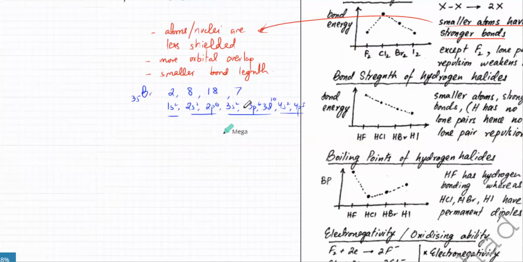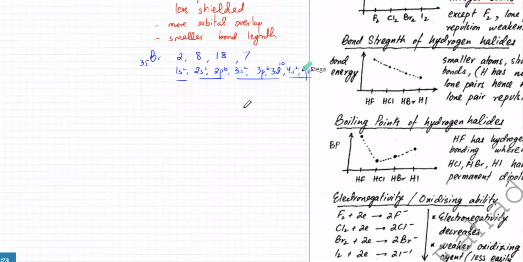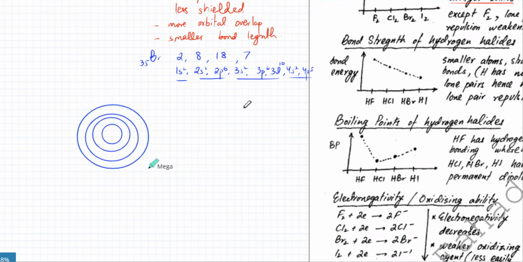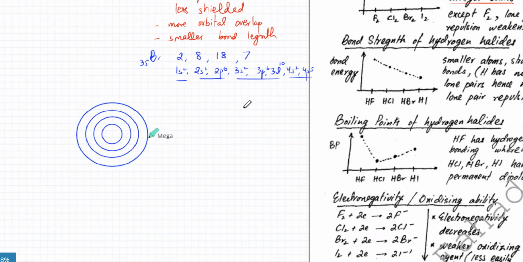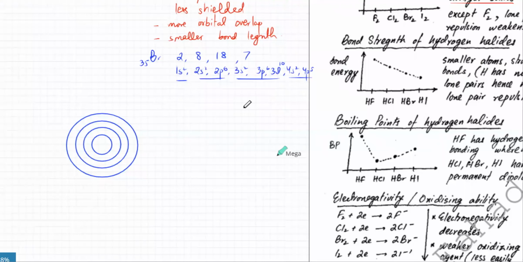So that is bromine. If I draw a bromine atom, it is going to have 4 shells. So 1, 2, 3, and that's your 4th shell. That is what a bromine atom would look like, and I need 2 of them.